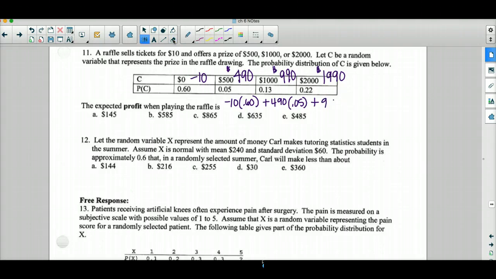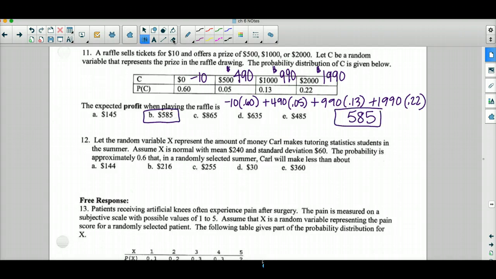My B. I have that my expected profit is $585.